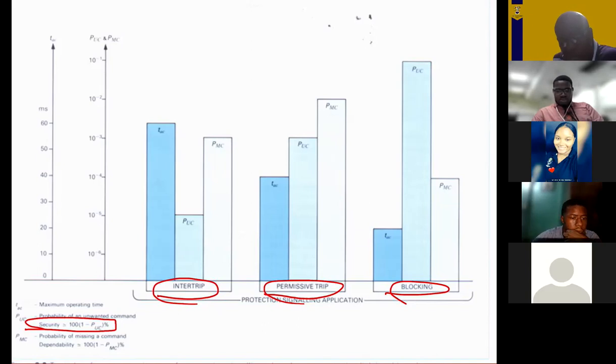The smaller the probability of missing a command would be the higher the dependability. All right? So with that said, we also want to take note of the operating time, the maximum operating time, which are shown here.